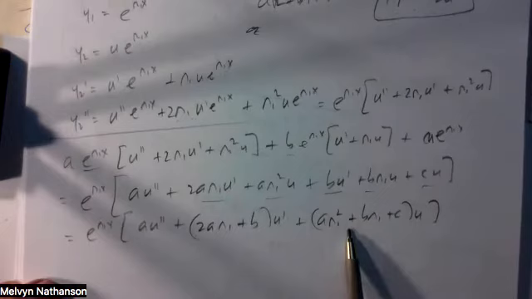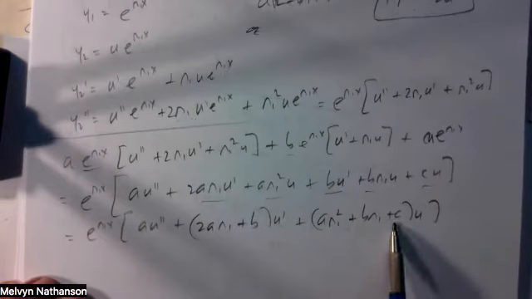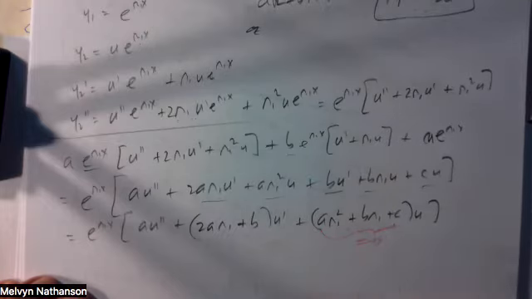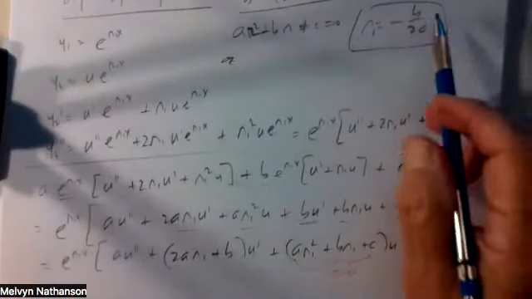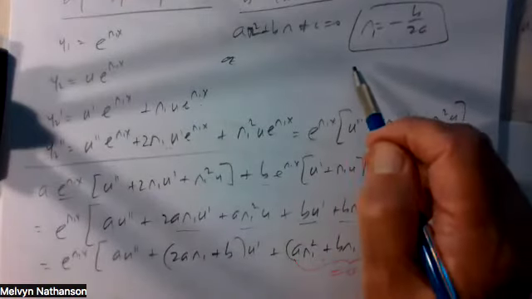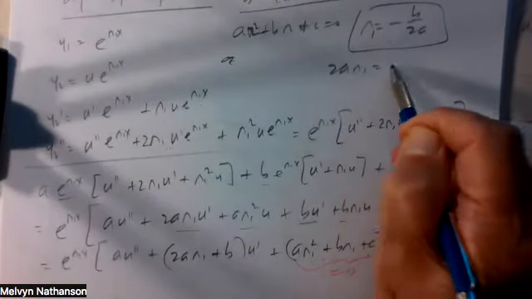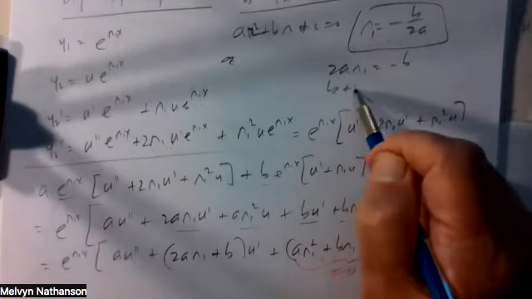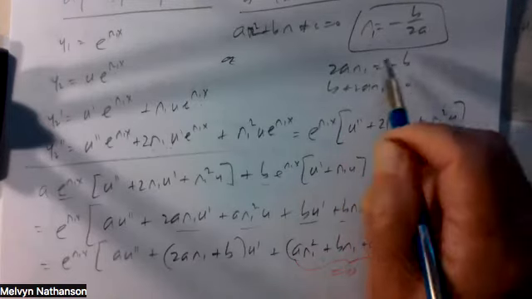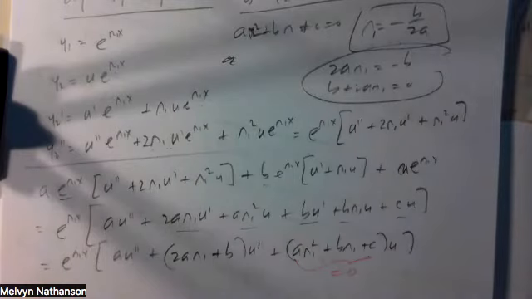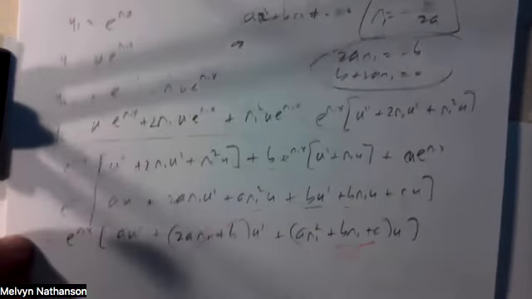But r1 was a solution of this quadratic equation. So this is equal to 0. And r1 is also minus b over 2a. So 2a r1 equals minus b, or b plus 2a r1 is 0. So this is also 0.